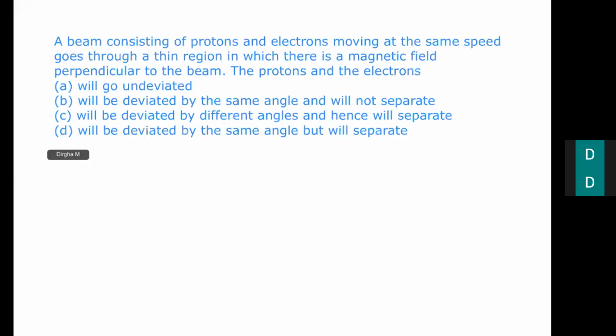Okay, so this is the next question. A beam consisting of protons and electrons is moving at the same speed. It goes through a thin region in which there is a magnetic field perpendicular to the beam. What will happen to the protons and electrons?